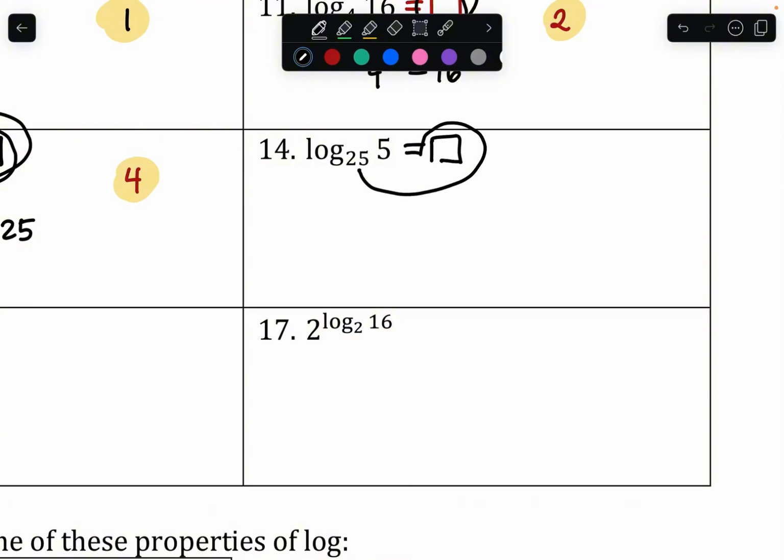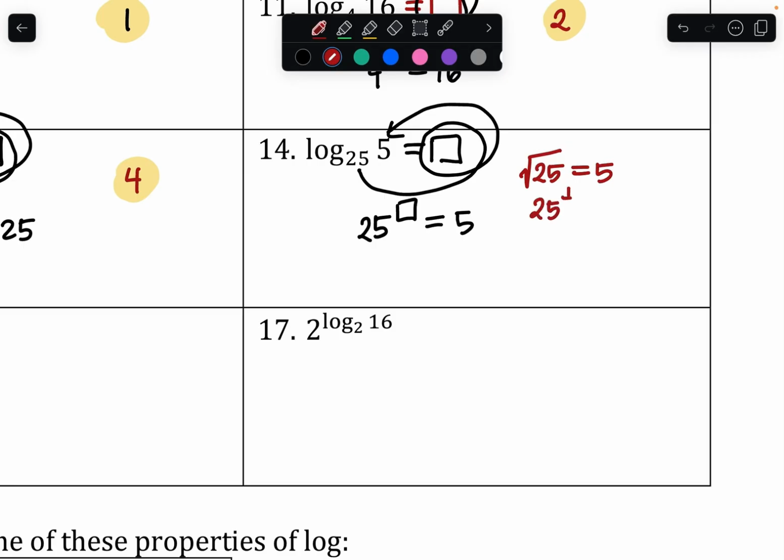So 25 to some power equals 5. Well, in my head, I know that the square root of 25 is equal to 5, and we know square root is the same thing as a 1/2 power. So this answer is 1/2.